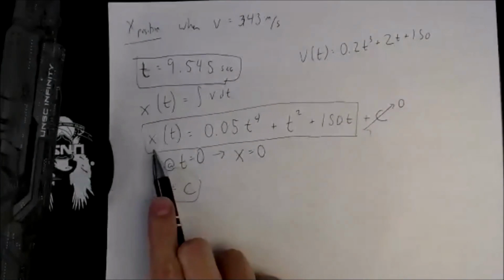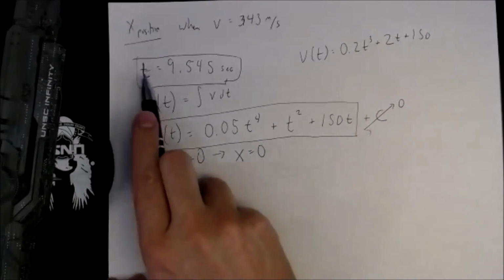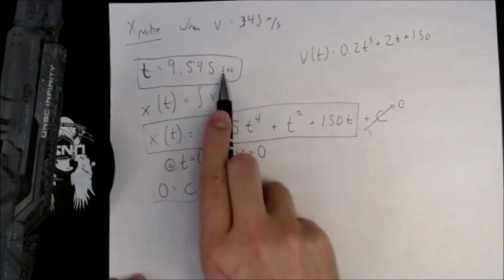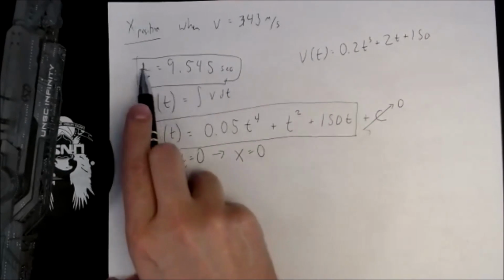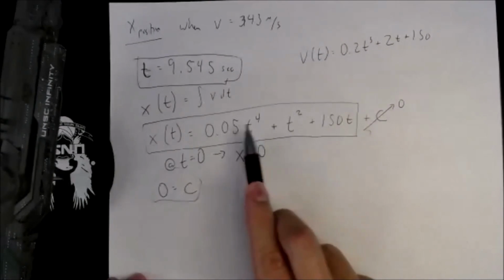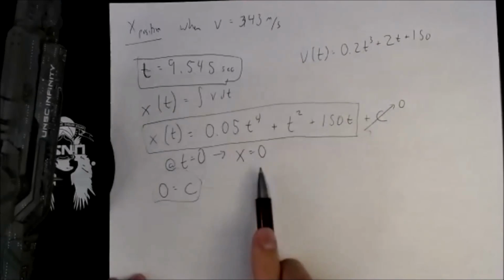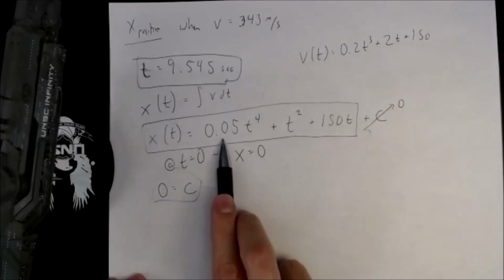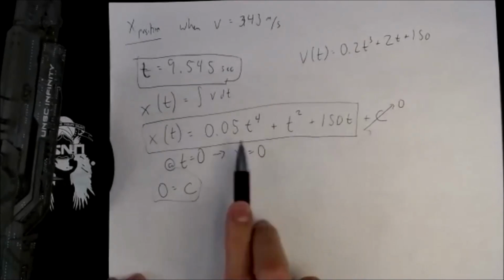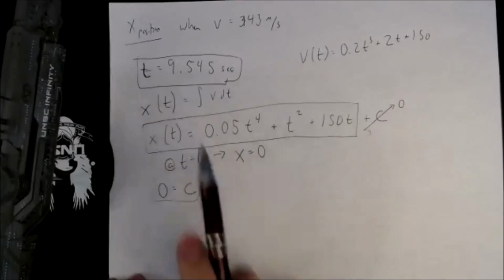Okay, let's finish this up. We figured out that the velocity is equal to 343 meters per second at that particular time. We can then plug this time into that equation, replacing all the t's with 9.545 seconds. So it's 0.05 times that to the 4th plus that squared plus 150 times that.